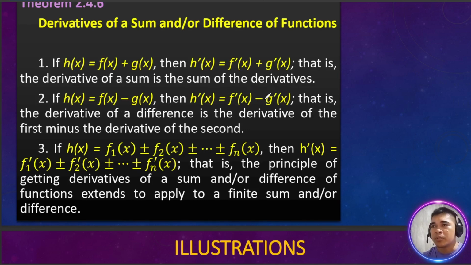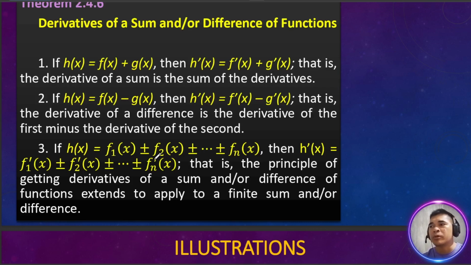So, kuhaan gyapon nimo derivative usa nimo i-minus. If h of x is equal to f sub 1 of x plus or minus f sub 2 of x plus or minus and so on plus or minus f sub n of x, then the derivative of h of x is equal to the derivative of f sub 1 of x plus or minus the derivative of f sub 2 of x plus or minus and so on plus or minus the derivative of f sub n of x.